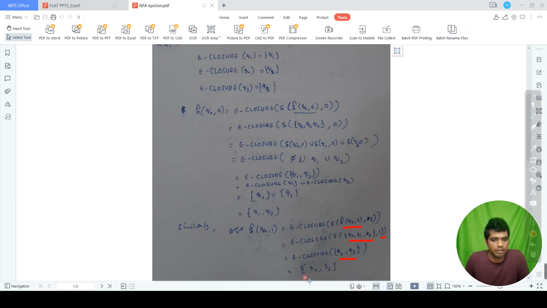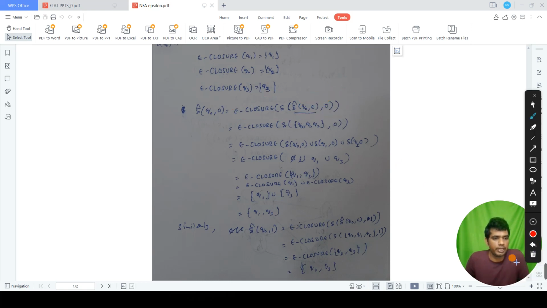So you'll get Q2, Q3. Okay. So to solve this problem, you need to remember two things. One is how to compute epsilon closure. Second one is this formula. Okay, so it involves three steps. First epsilon closure, then input, then again epsilon closure.